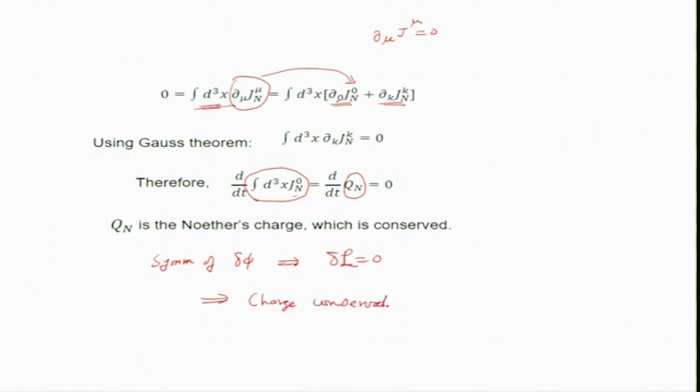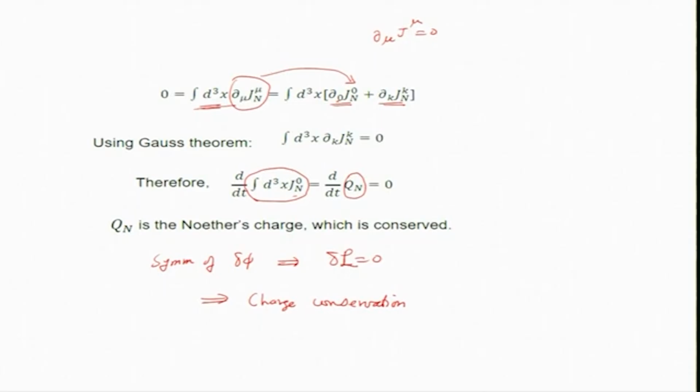So we need to look for variations of phi in such a way that my Lagrangian density is unchanged, and that immediately gives me a conservation law. So that is the line of logic.